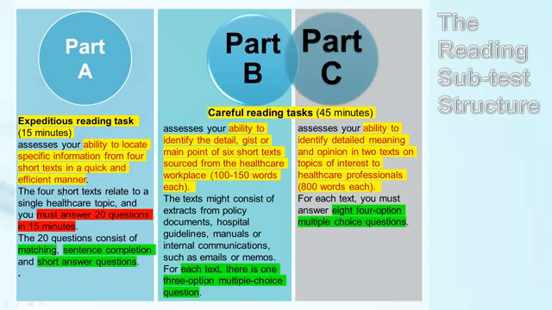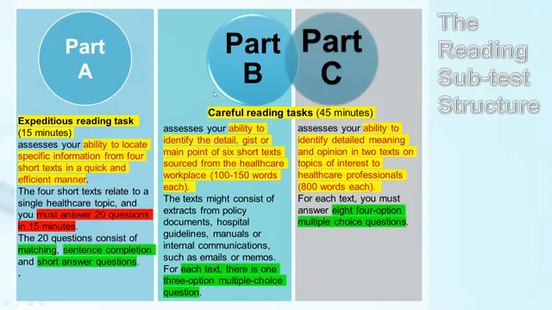The 4 short texts are related to a single healthcare topic, and you must answer 20 questions in 15 minutes only. The 20 questions consist of matching, sentence completion, and short answer questions. So these are the types of questions in reading part A.